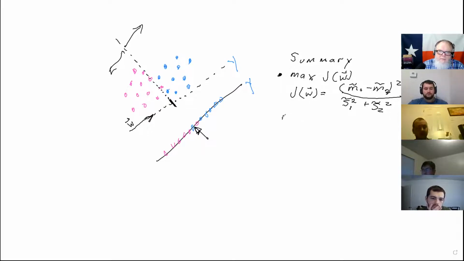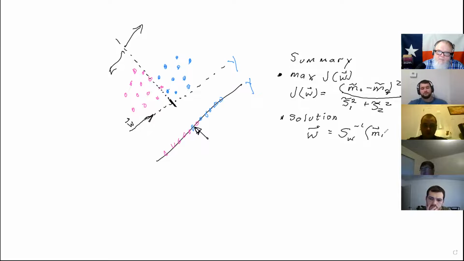The solution, after we recognize that J is a function of W, it's this vector that we choose. The solution is W is equal to SW inverse times M1 minus M2. So this is all done in the feature space where SW is equal to S1 plus S2, the summation of the 2 in-class scatter matrices.